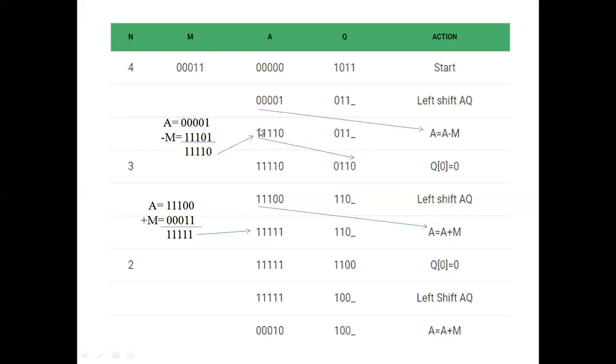Now, if the most significant bit of the A minus M value is 1, that is a negative number, then Q0 is set to 0.